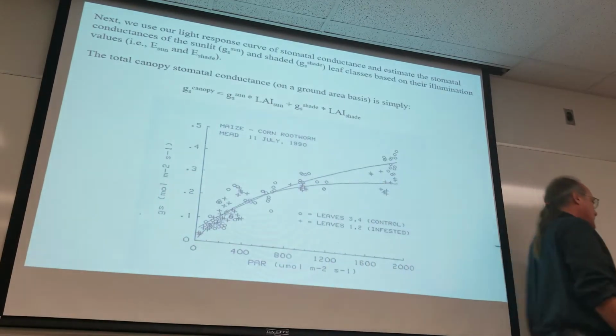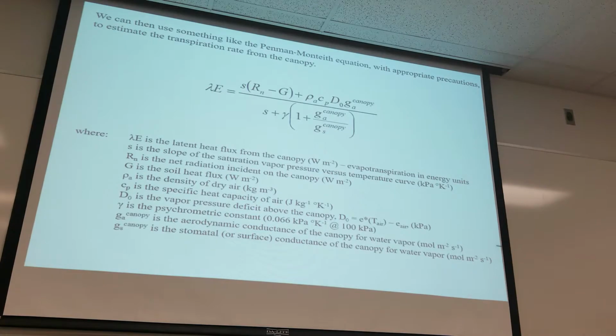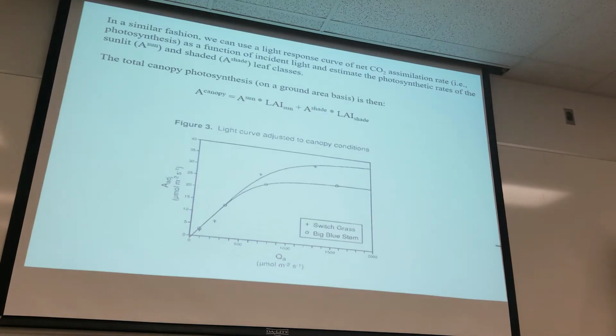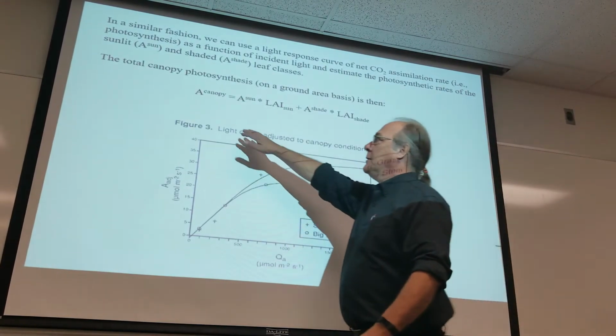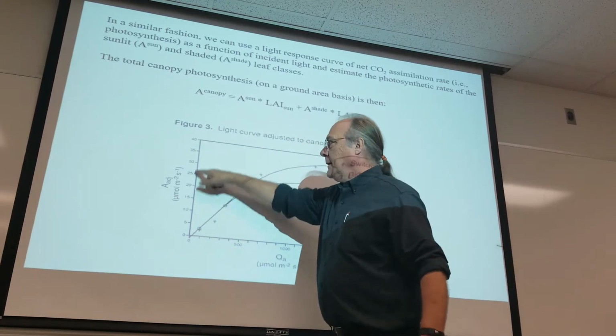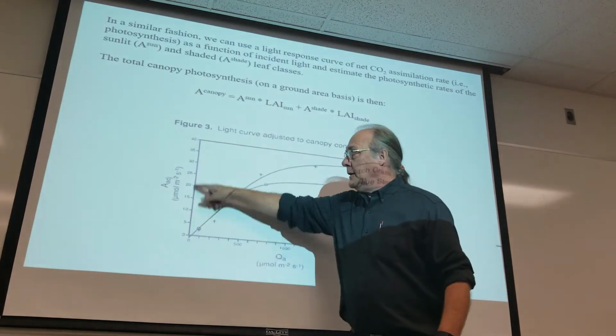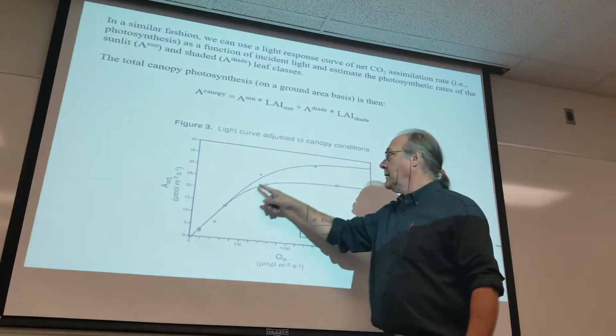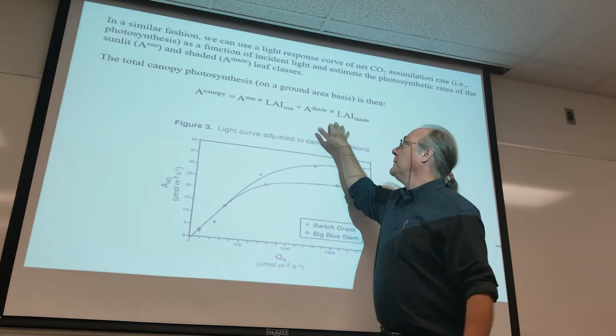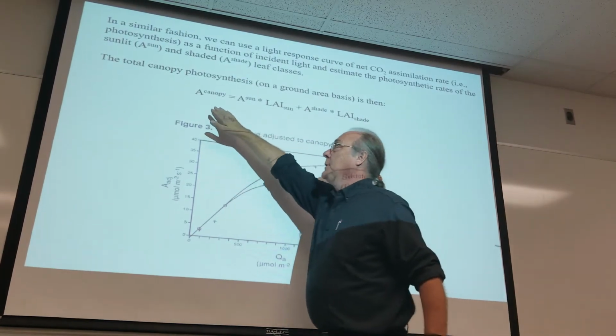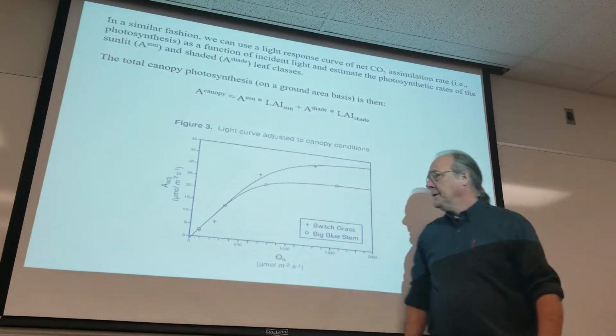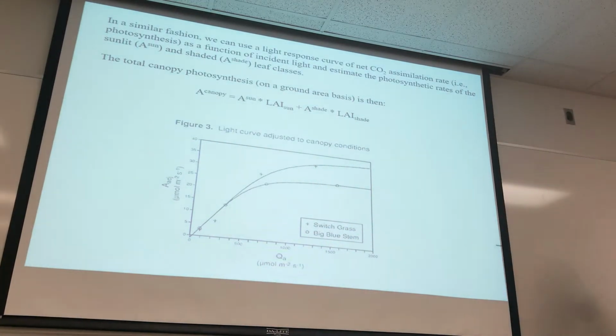And it's amazing, we can do it not just for stomatal conductance, but also for photosynthesis. So here's a canopy photosynthetic rate based on a light response curve for single leaf photosynthesis, also nonlinear. We can use the same procedure and come up with canopy photosynthesis based on light only.